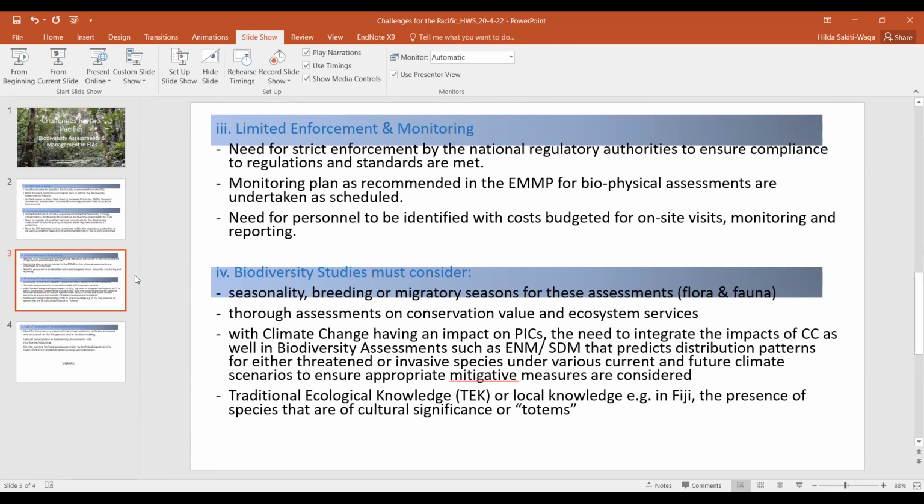And also for Pacific Island countries, we are currently being faced with the impacts of climate change. So there's a need to integrate the impacts of climate change into biodiversity assessments.